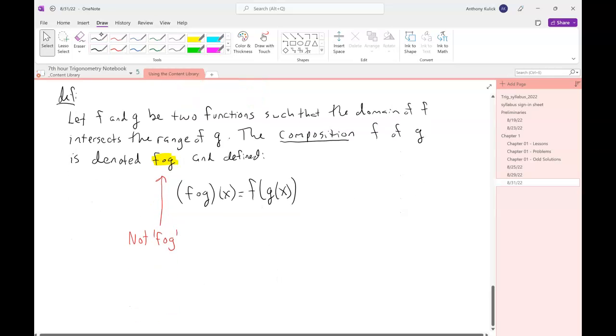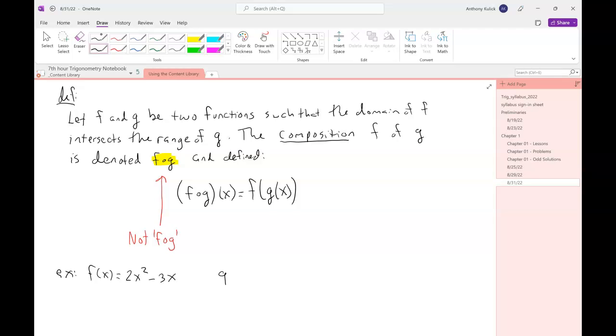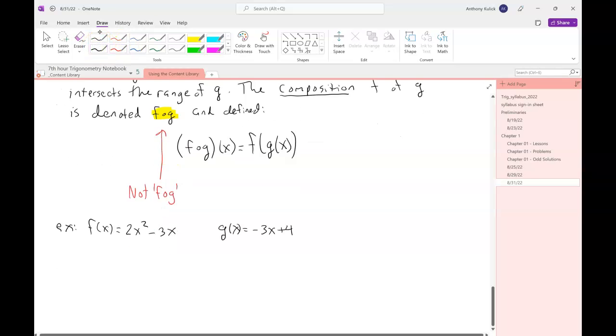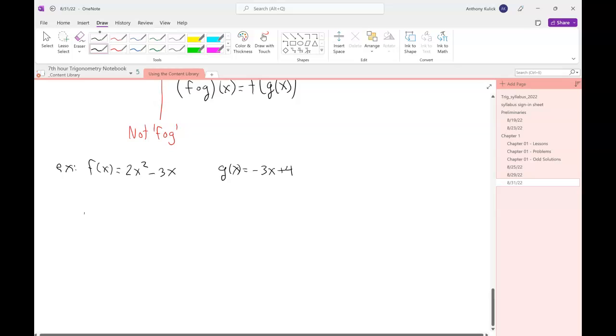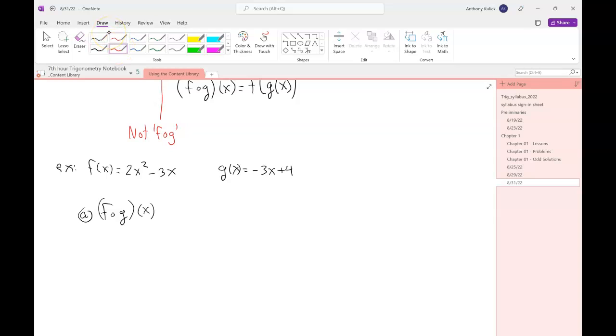Since we've never done composition before, let's look at a couple of examples. All right.